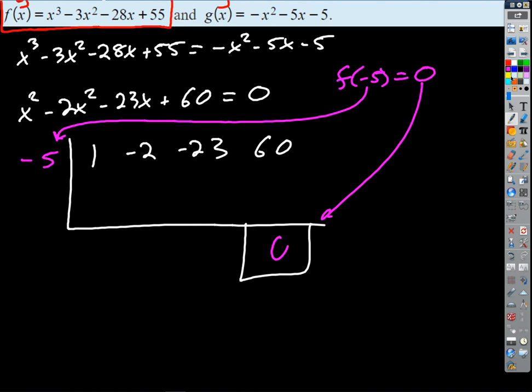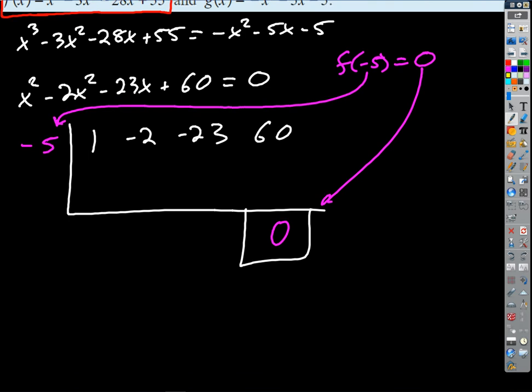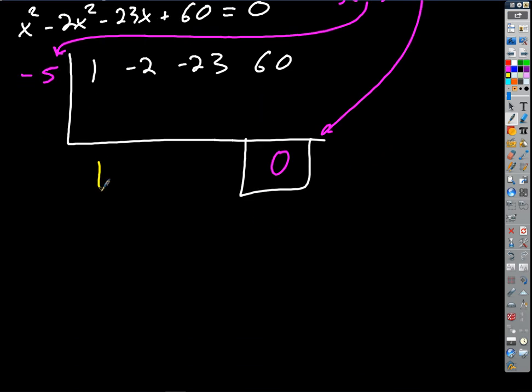So what's that give? Drop down the 1, what goes there? -7, add those. So 35? Oh, that's not good. And then -60, so it works.